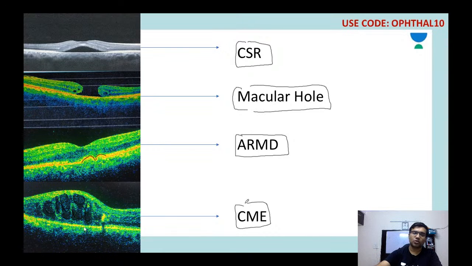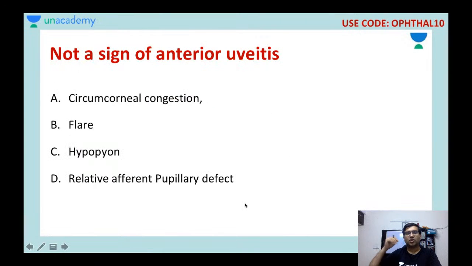Now we come to our next question, which is on uveitis. So the question is: which is not a sign of anterior uveitis? Your options are circumcorneal congestion, flare, hypopyon, relative afferent pupillary defect. Try to answer.